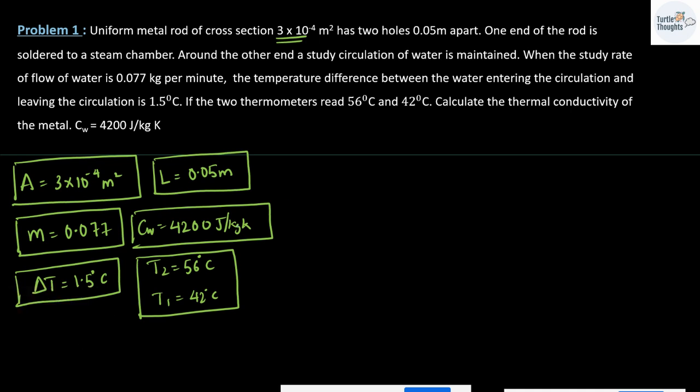Now, let me start solving the same. I know that the heat Q is going to be given by m c delta T. This is going to be the formula for heat.